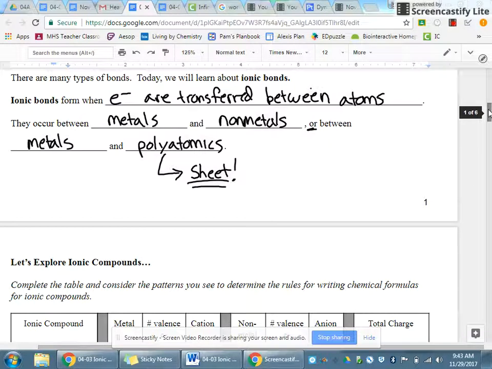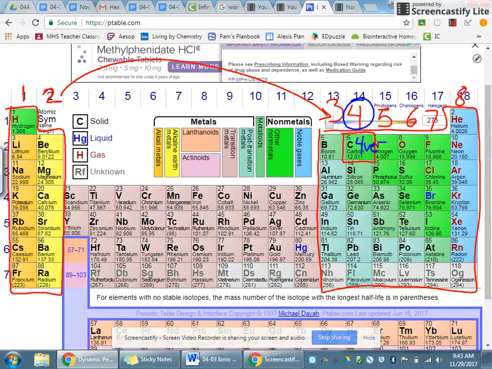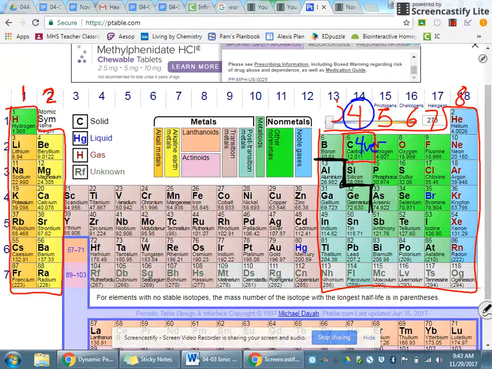Okay? So just as a reminder, how do we know if something is a metal or a nonmetal? Well, if you look at your periodic table, we know that the stair-step line is right here. Anything to the left of the stair-step line is going to be metal.